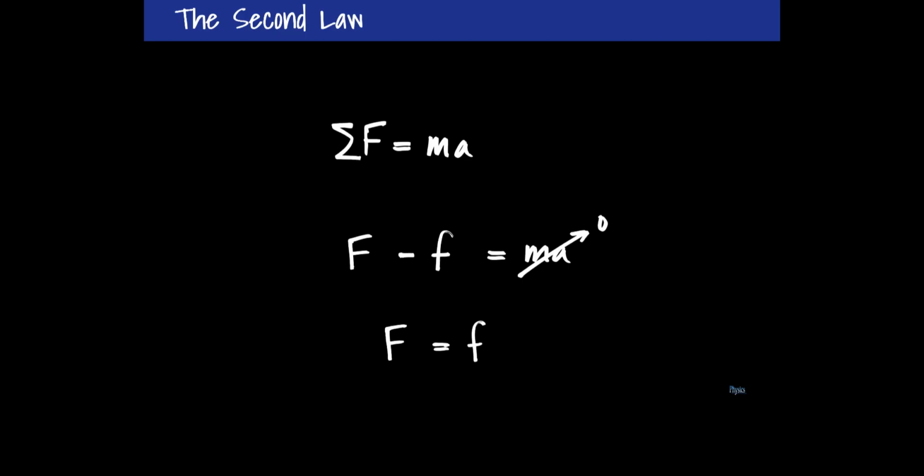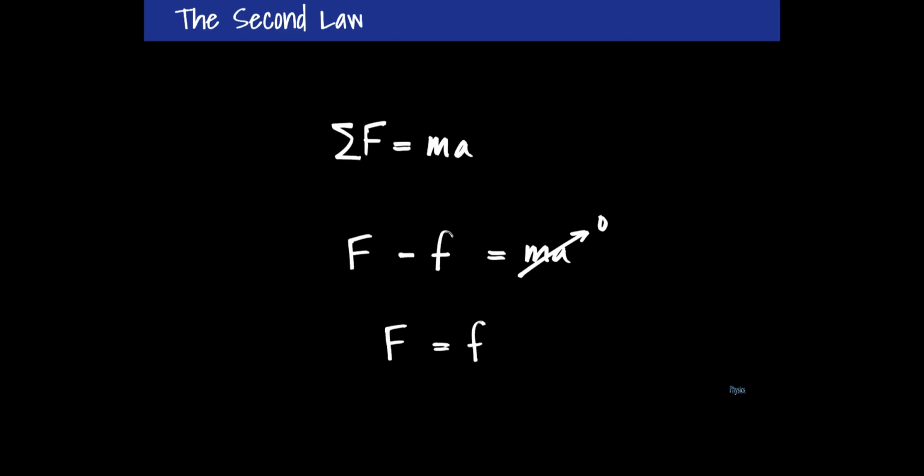There are two ways that that can be true. A thing can be at rest and its acceleration is zero. Or a thing could be moving along with constant velocity and its acceleration is zero. And I promise that in my experiment, I'm only going to consider those two circumstances.